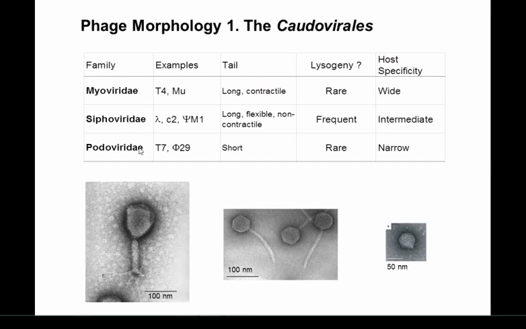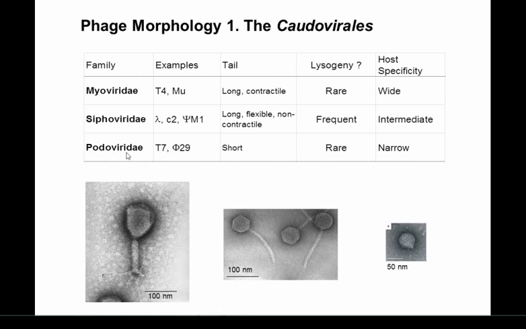Podoviridae. So Myoviridae, this is T4 bacteriophage. This is the classic one. It's characterized by a long contractile tail, so this is what will inject the DNA into the host cell. Siphoviridae, like bacteriophage lambda, have a long, flexible, non-contractile tail.